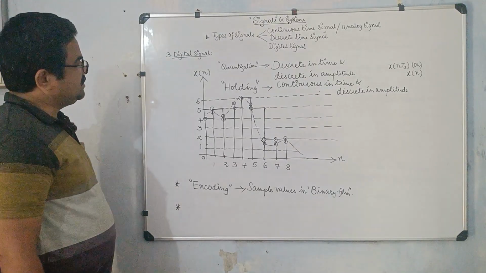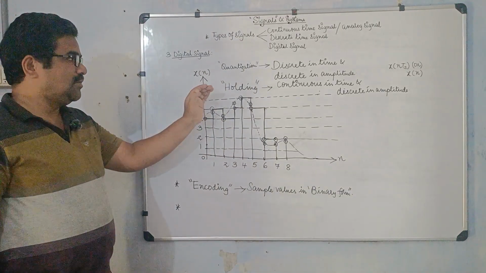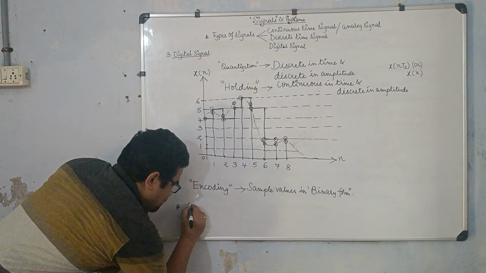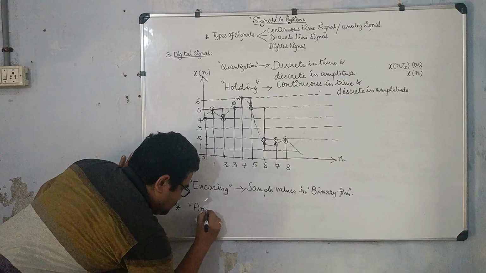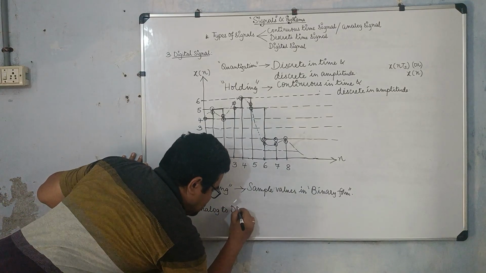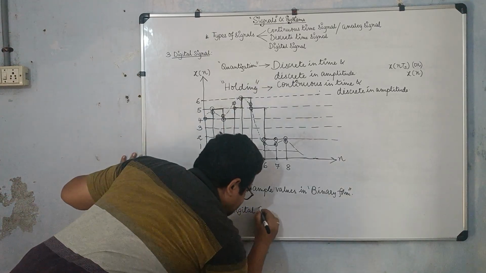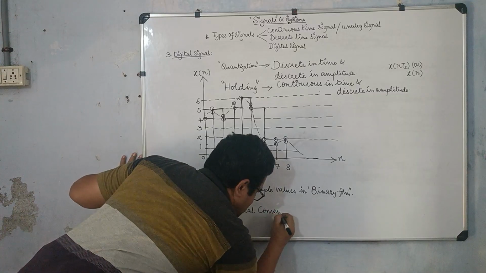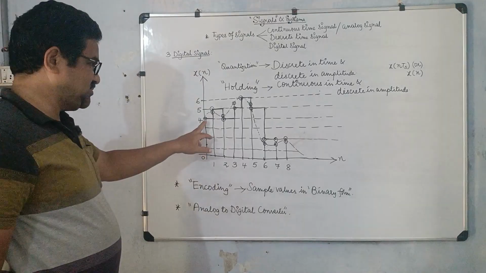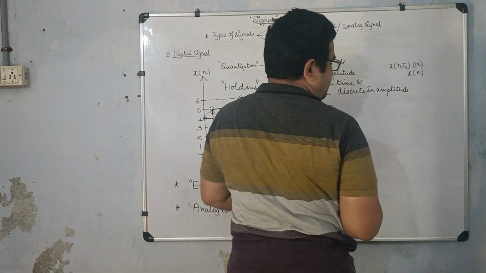Okay. So there is a separate device which is performing all these operations like sampling, quantization, holding, and encoding. That is performed by a separate device known as an analog to digital converter. Now in an ADC, how it is encoding these values, we'll see with the help of some formula.